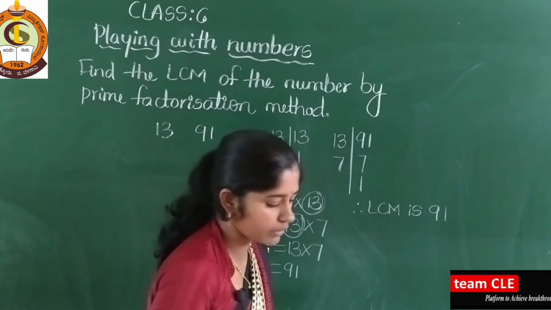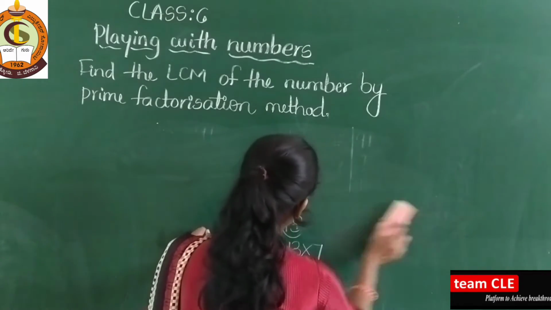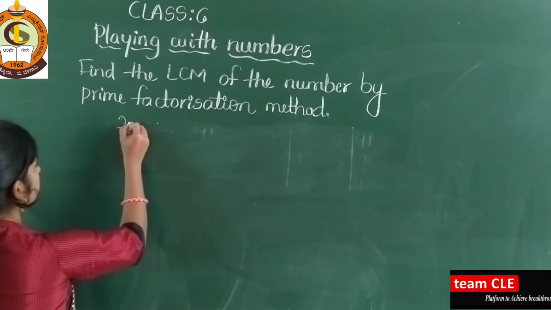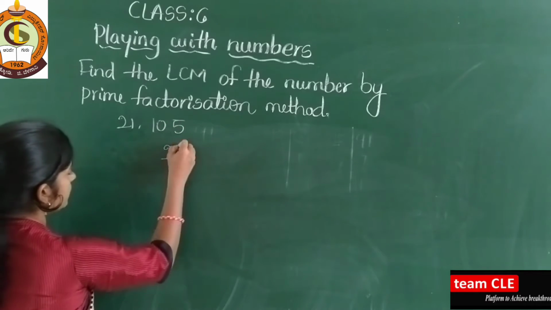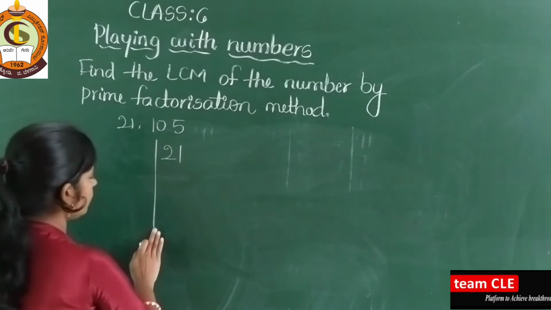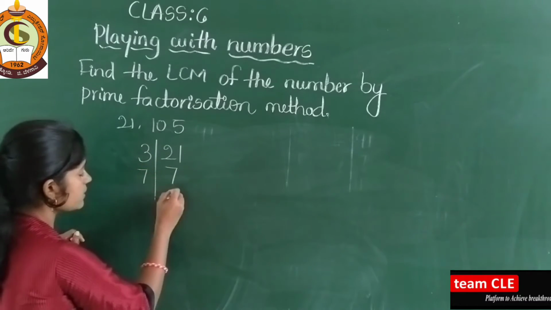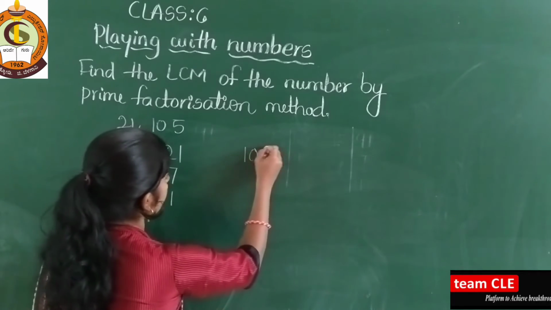So let us take one more example, 21 and 105. Divide these numbers. Take 21. 21 is there in the 3 table: 3 sevens are 21, 7 ones are 7. Again you take 105.